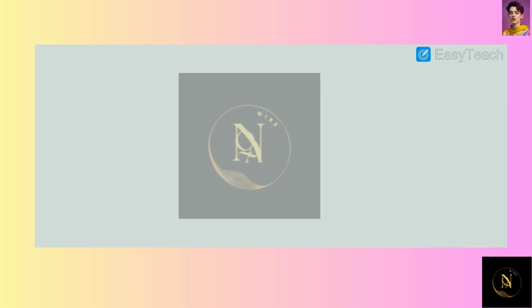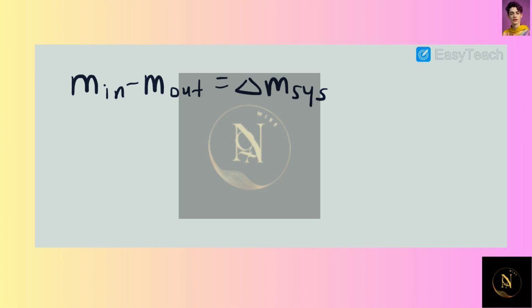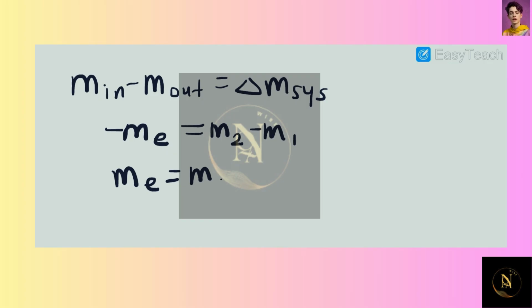Next, what we do is define our system as this bottle, and we can go ahead and do a mass balance and say that the mass coming in minus the mass leaving is equal to the total change in mass of the system. We know that there's no mass that's coming in, all we have is mass that's leaving, so this will be equal to negative m_e is equal to m_2 minus m_1. Therefore, the mass that exits is equal to the initial mass minus the final mass.